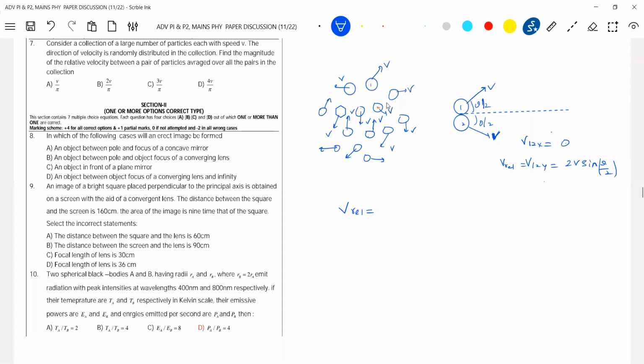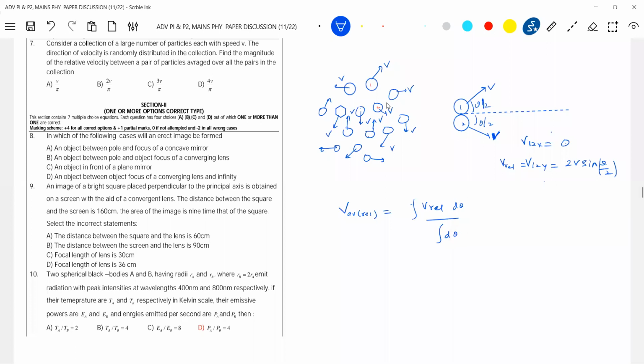The random distribution limit goes around 2 pi. So the average v relative is the integral of v relative d theta divided by the integral of d theta.